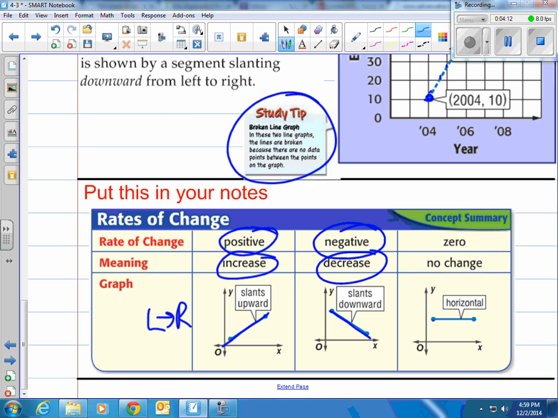And if it just goes across horizontally with no up or down change, we call that a 0 rate of change, and that just means there is no change. You don't have to copy the whole graph, just simple things. Pointing a line going up would be positive, down, negative, and of course across would be 0.